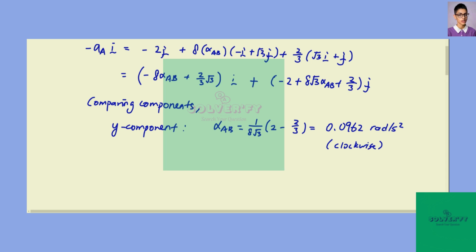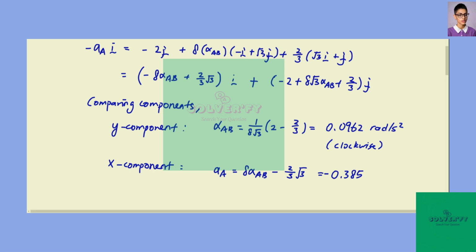Then if we do the x component, we can get the acceleration of point A. This is 8 alpha AB minus 2/3 root 3, and when you put in the numbers, you get 0.385, with a negative sign.